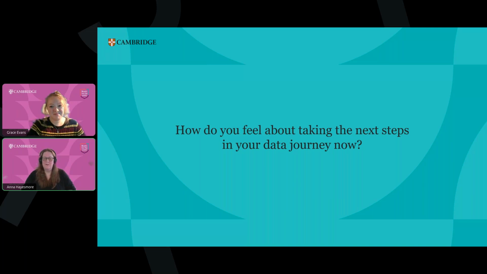And remember, one of my tips was share your successes, talk to other people about it. So when you've found something in the data and you've acted upon it and it's had a positive impact for your students, share that with your colleagues. Explain to them what you did and how you found that out. You can always ask your senior leaders if you can include some of those data sharing ideas and successes in staff meetings, for example.